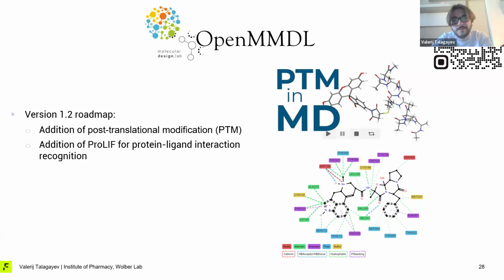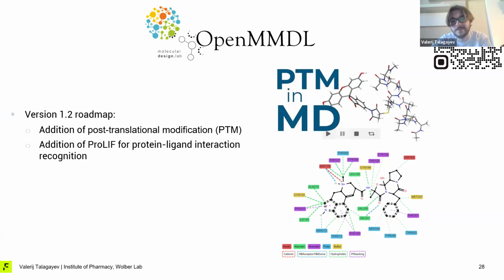With the post-translational modification, it's possible to do a chemical reaction to combine the ligand with the protein and covalently bind it, and then post-process it. Afterwards, we do the force field generation so that it's possible to run an MD simulation in OpenMM of a covalently bound ligand with the protein.